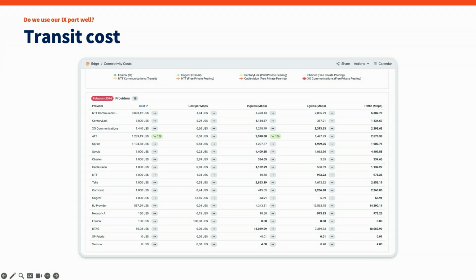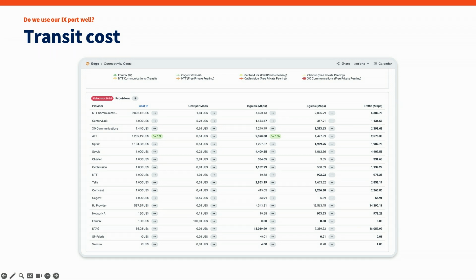Or you're only bursting here, so you have a small contract with them and you only pay for your burst traffic, which often is quite expensive. So you don't want to burst there, and you probably have to move that traffic away to somebody else. So that cost per megabit, this table, is an important one.